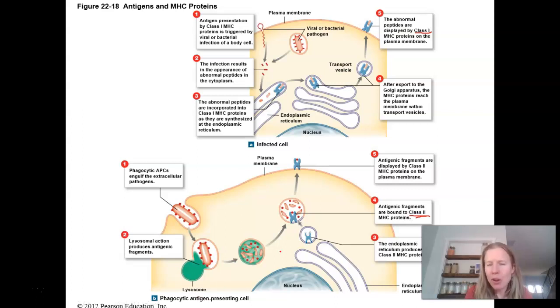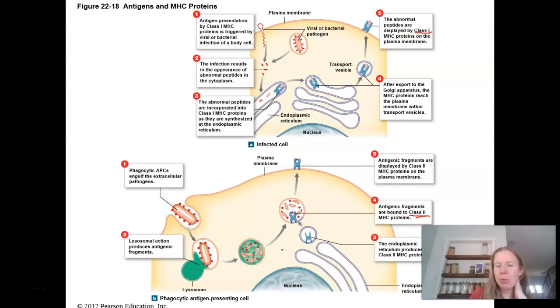So what's happening here is class 2 MHC proteins aren't really interested in gathering our own proteins and carrying them to the surface. But remember, phagocytic cells, when they engulf, say, this bacteria, they actually hook it to a lysosome, which is where all those enzymes and nasty things are, and grind it up.